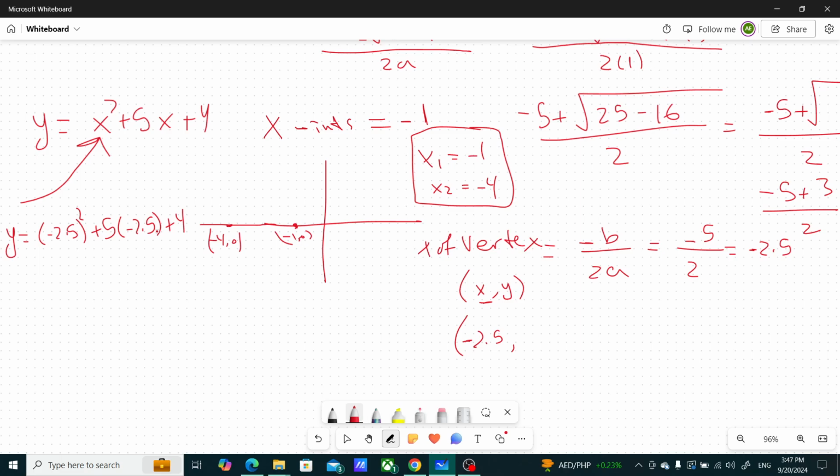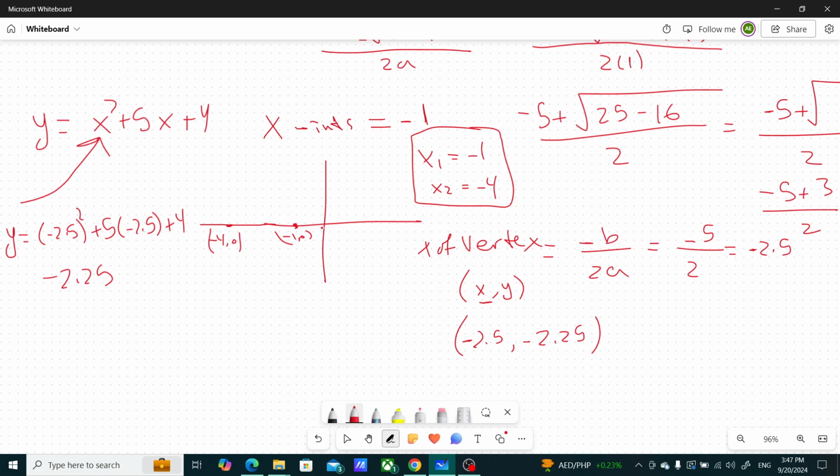And if we put that on the calculator, negative 2.5 squared plus 5 times negative 2.5 plus 4, that is going to give us an answer of negative 2.25. So my vertex is negative 2.5 and the y is negative 2.25.